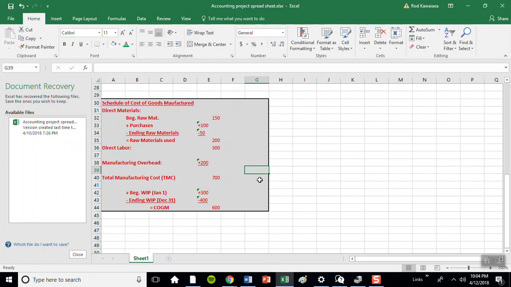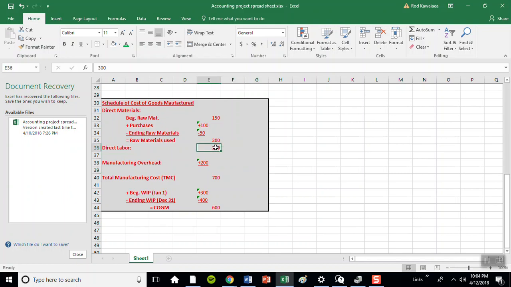Next, we're going to insert the cost of our direct labor. That's basically paying for the labor to create whatever we're creating in this factory. So our cost for direct labor, 300 bucks.